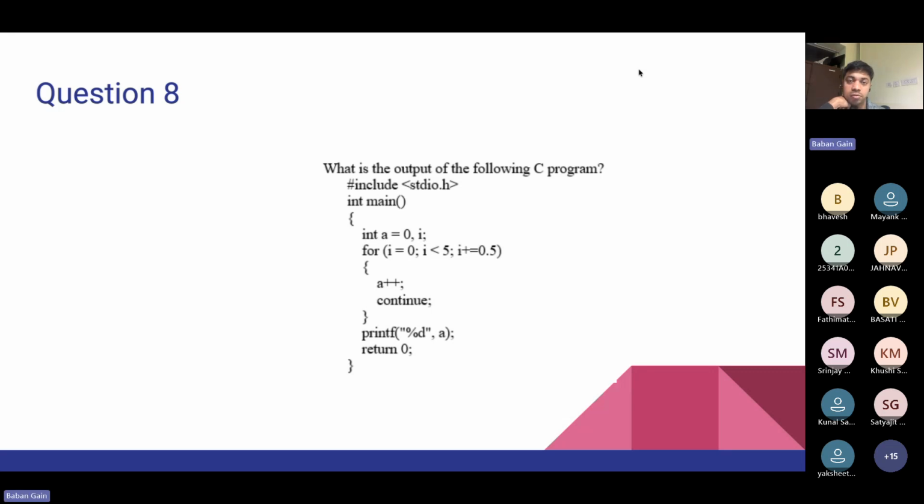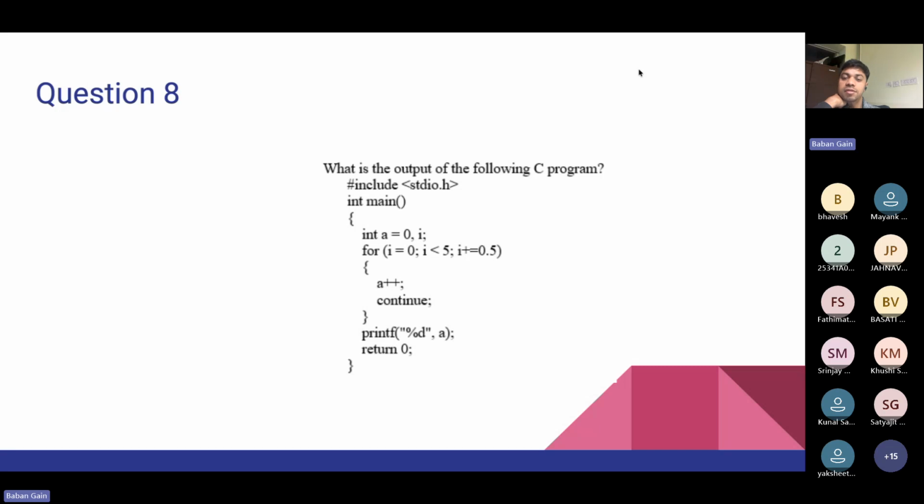So let me tell you something. The answer is not 10. Any other answer? We'll have to think carefully on this. This is a little bit tricky. Is it 9?